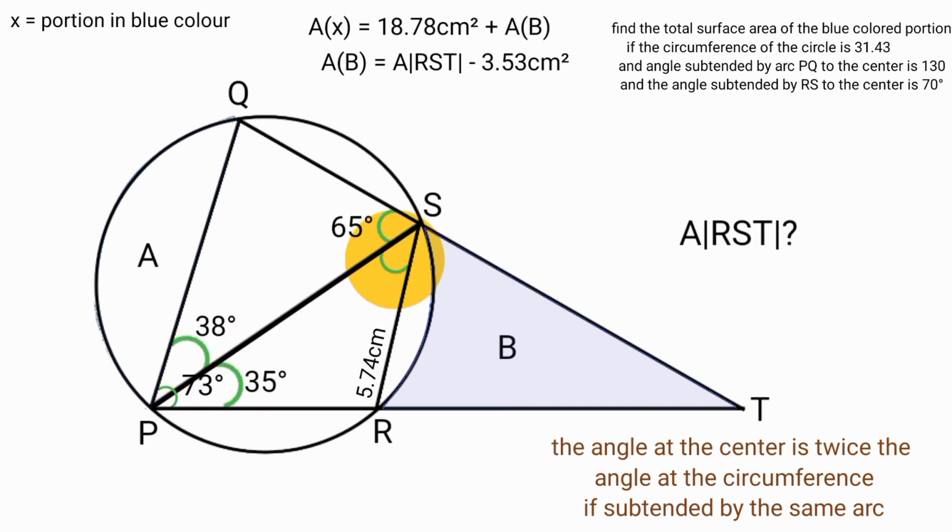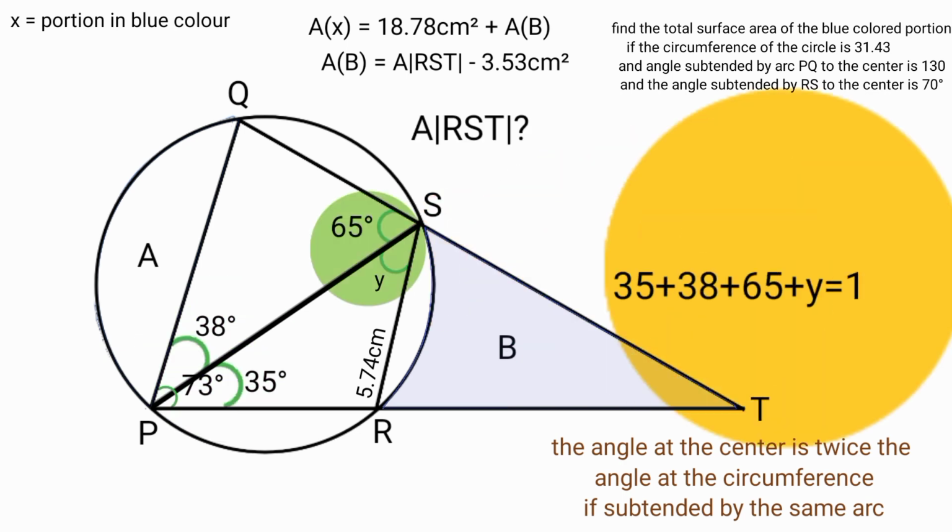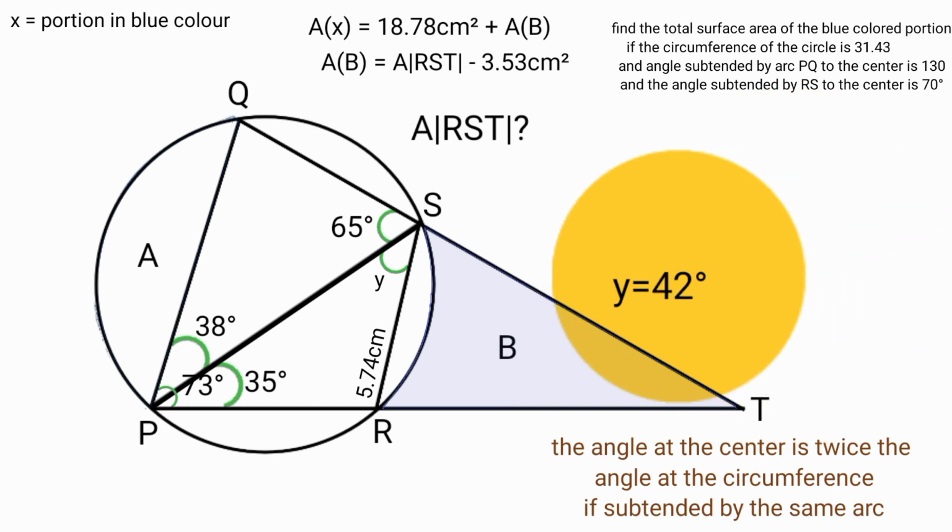So we can label this angle y and form an equation: 35 plus 38 plus 65 plus y equals 180 degrees. 35 plus 38 plus 65 is 138. So 138 plus y equals 180 degrees. Subtracting 138 from both sides, y is equal to 180 degrees minus 138, which is 42 degrees. So y equals 42 degrees.